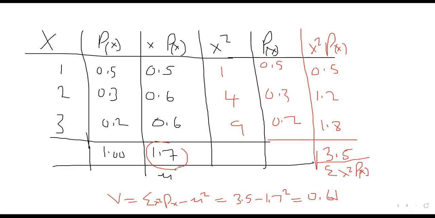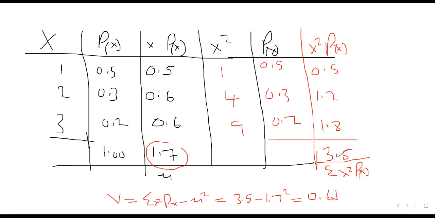And how do we find our variance? We first squared the x, then multiplied by the probability of x: 1 times that, 4 times that, 9 times the probability.